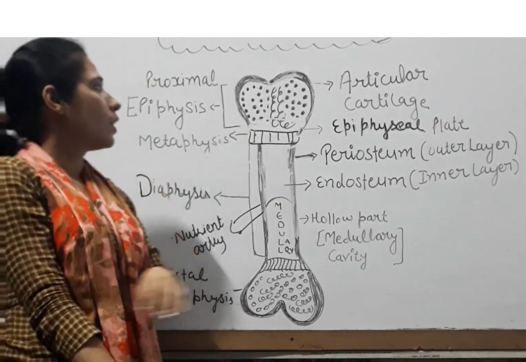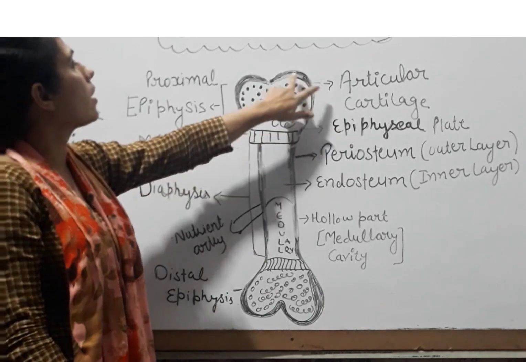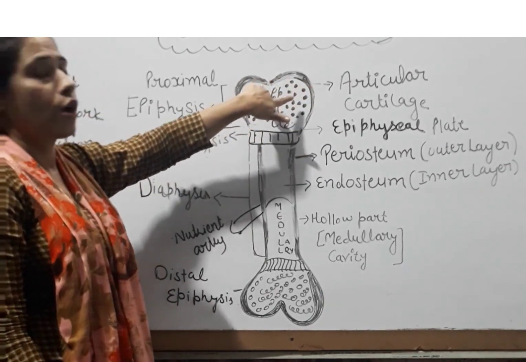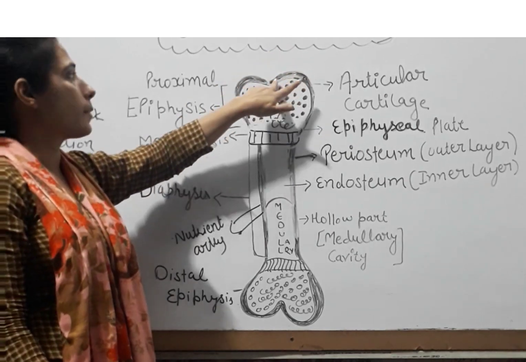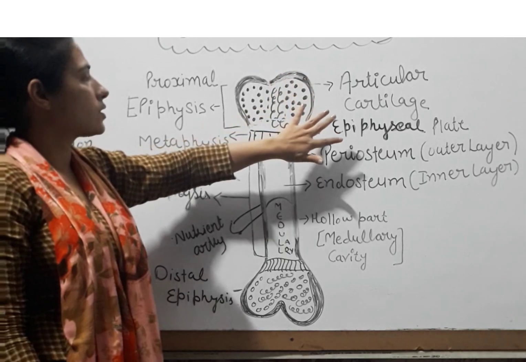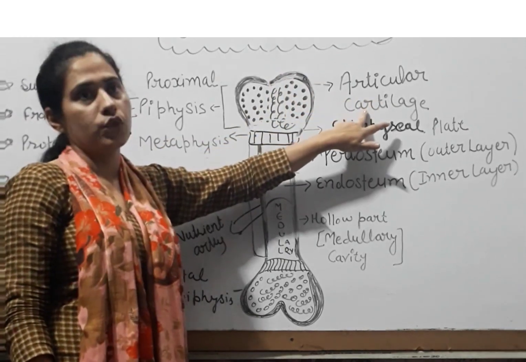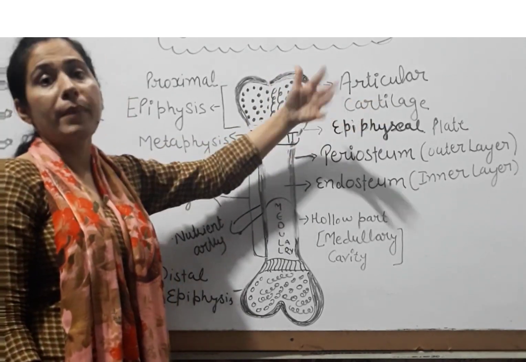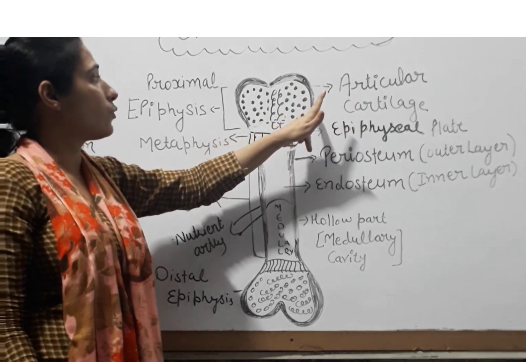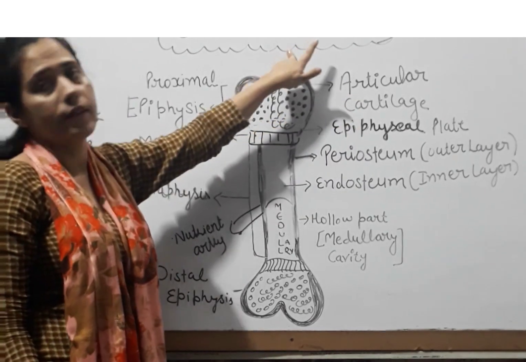Now the parts. On the upper side of the epiphysis there is a thin layer made up of cartilage, present on both sides. This cartilage is known as articular cartilage. The main function of articular cartilage is to join one bone to another bone.